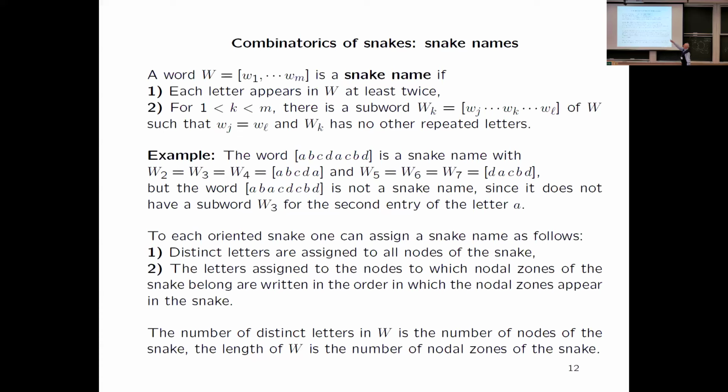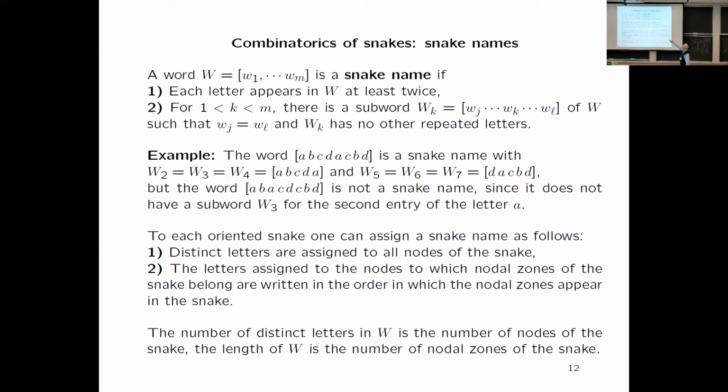So formally, a word is a snake name if each letter appears at least twice. If you have a nodal zone, there should be at least 2 pieces of snake that hit each other there. And there is another condition: we want our snake to be abnormal, and that means we have to go from each place and come back somewhere else.